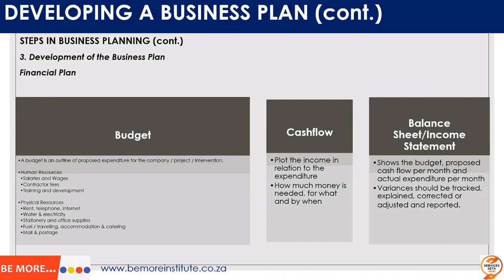And then at the end, you produce some kind of income statement and balance sheet that shows your proposed budget and the cash flow, therefore comparing your actual expenditure against what you budgeted for. You investigate any variances that are not in line with what you had anticipated.